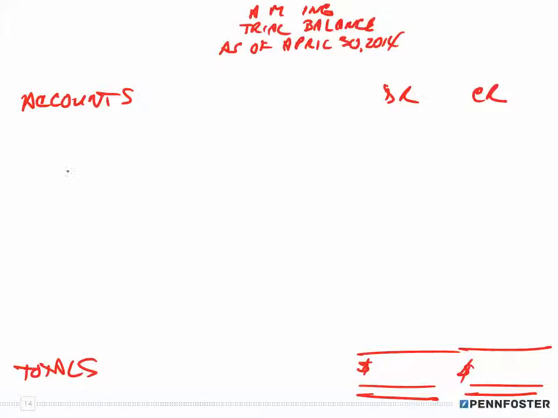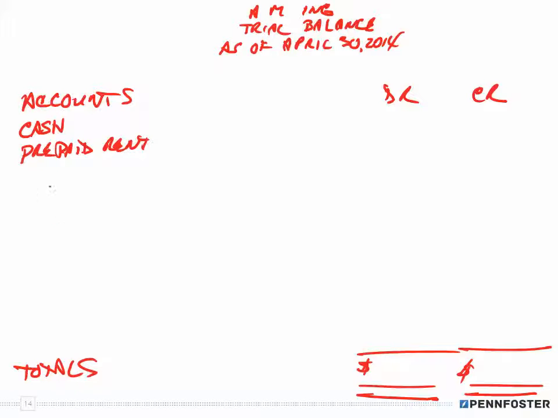Now, when we list them, and this is just as an FYI, the asset accounts are listed in the order of liquidity, meaning cash is already cash. You can't make it any more liquid than it is, so we list cash first. Prepaid rent would be the next most liquid account because all we have to do is call up and have them send a check back.